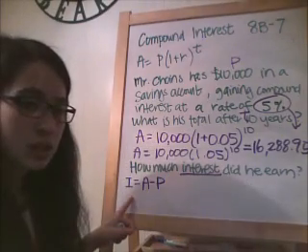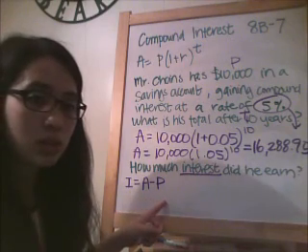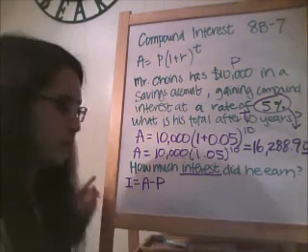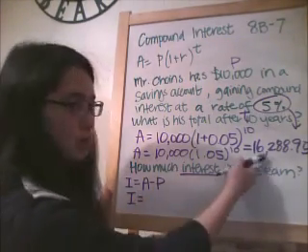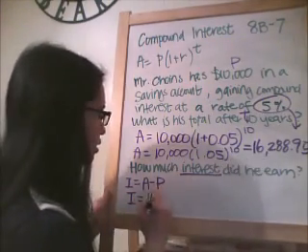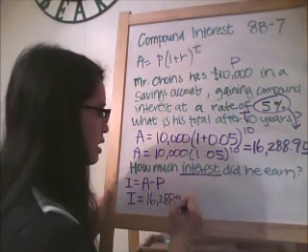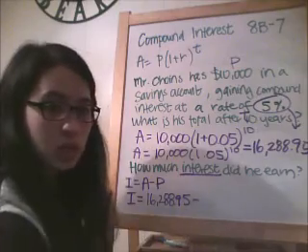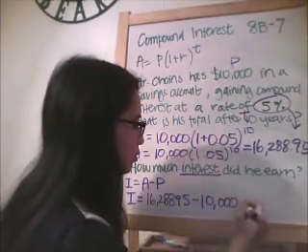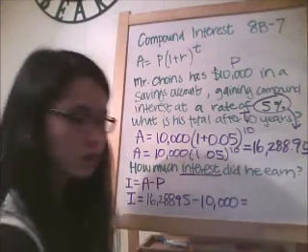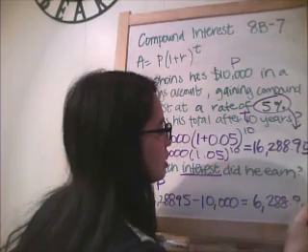So the interest is equal to the total minus the original, right? So how much did he increase by? So we have I is equal to the total amount we got just now, $16,288.95 minus the original, which he started with $10,000. So the interest is $6,288.95.